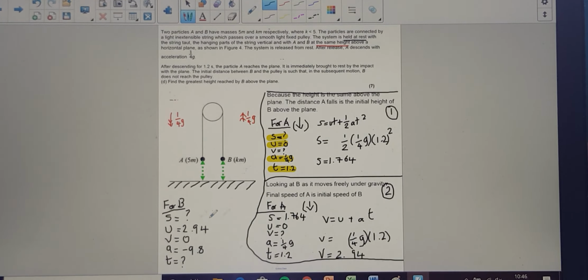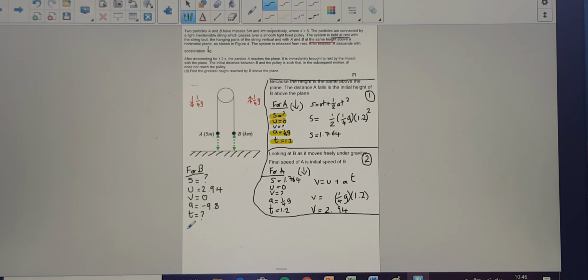Let's think about the equations that I want. What do I have and what do I want? S, U, V, and A, nothing to do with t. Therefore, the equation I want is v squared equals u squared plus 2as.